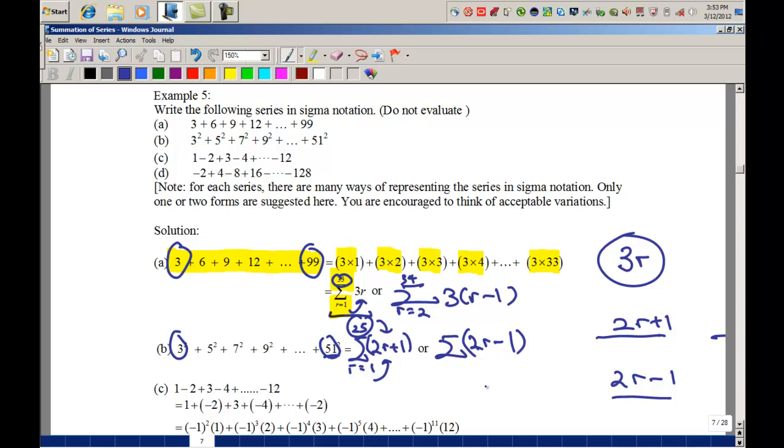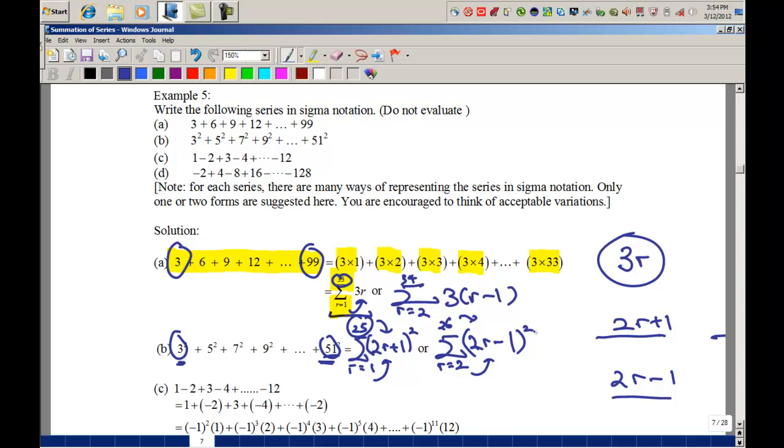Same thing for this one over here. If you want to use 2r minus 1, now what should your r value be? It should be 2. Because when you sub 2 in, you get 3. When you sub 26 in, you get 51. And then there's the square and the square.